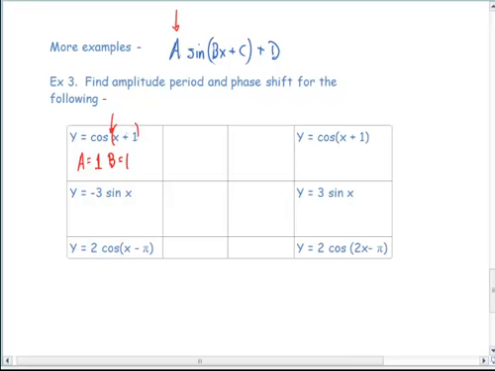Now if there were parentheses, you would say 1 is the c value, but since there are no parentheses, you would say that we have no c value, which is called the phase angle again, and the d value, or the vertical shift, is equal to 1. I want you to try all of the other problems on here, and then when I resume the video, I'll have the answers posted.